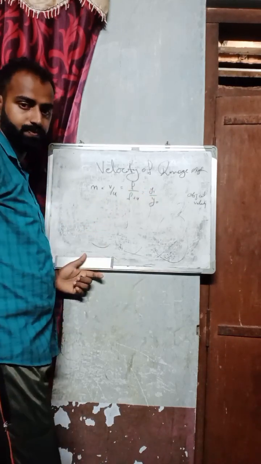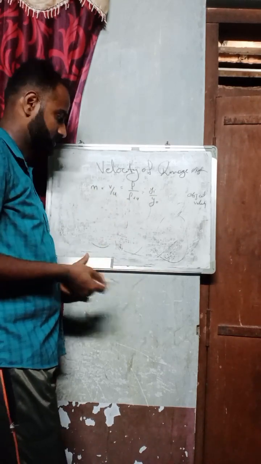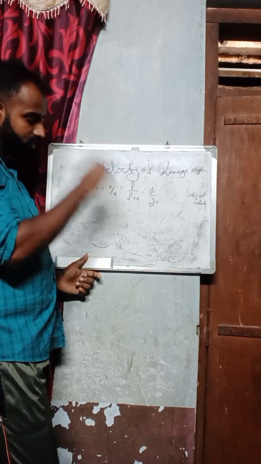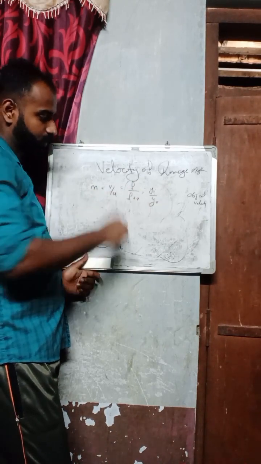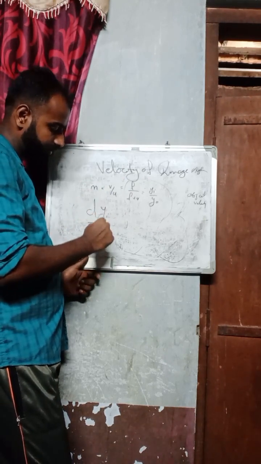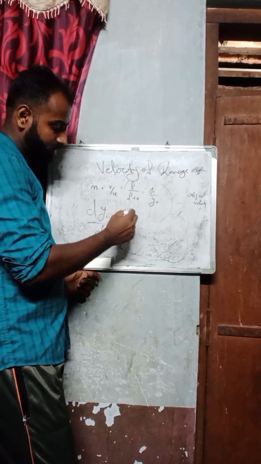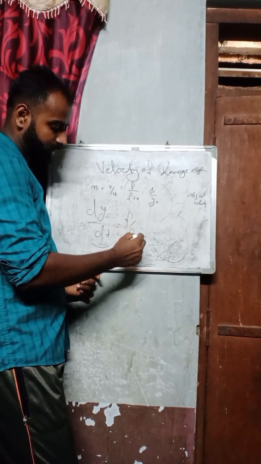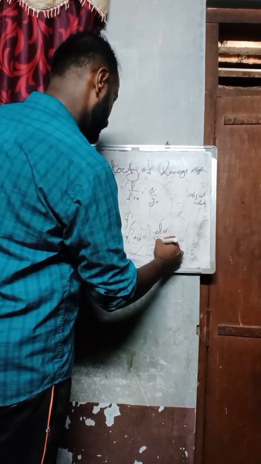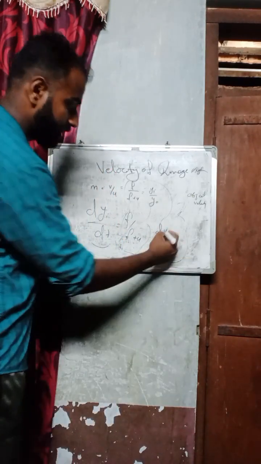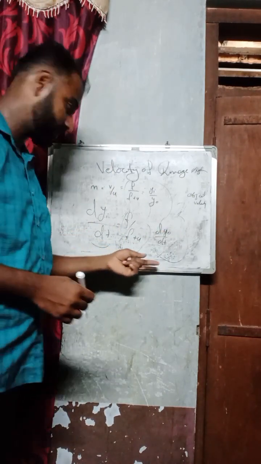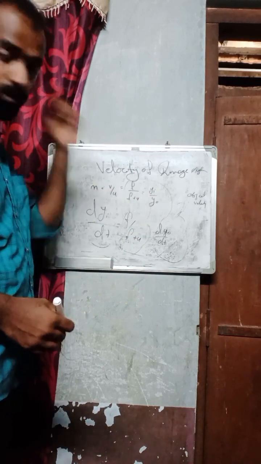This is the basic definition of magnification. I am taking these two parts. Then dyi by dt is F by F plus U into dyo by dt. I hope everyone can get this equation from these two.